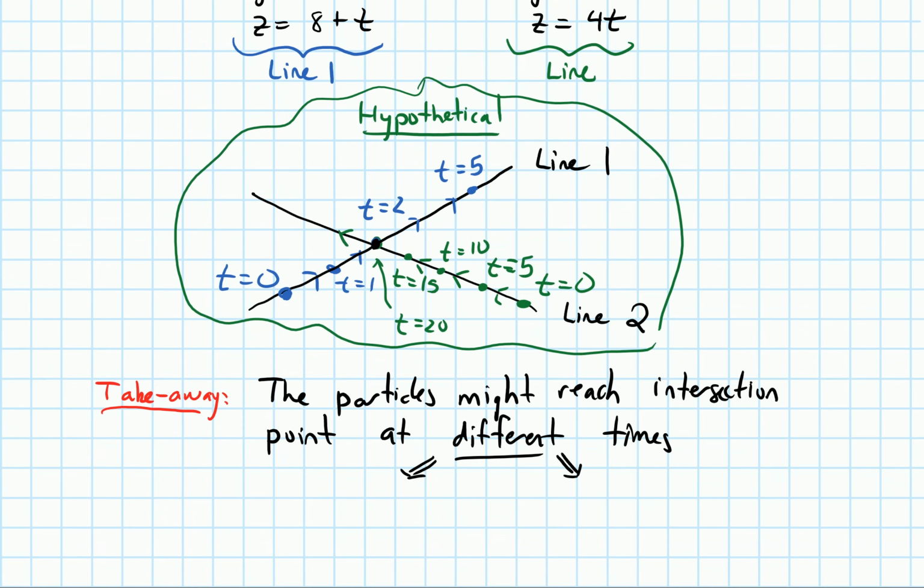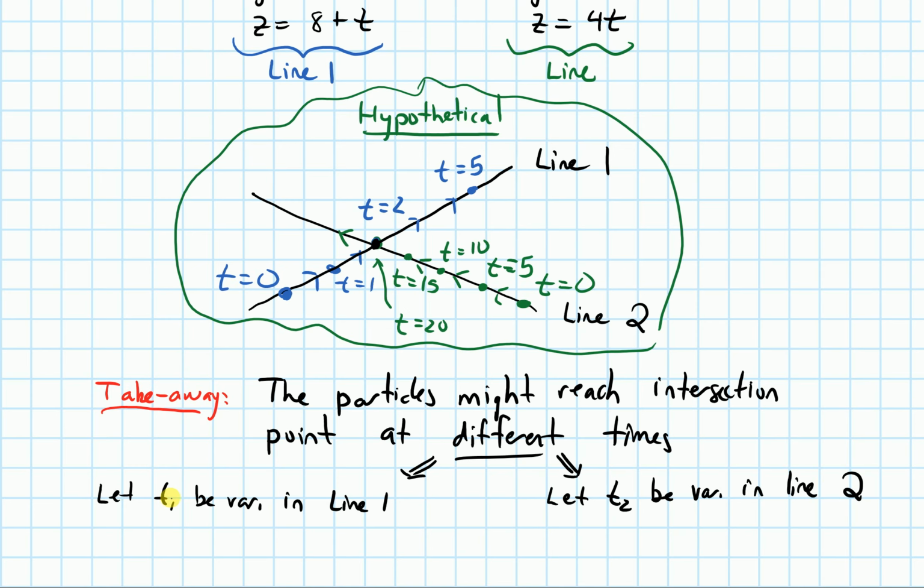Okay, so what I'm going to do is let t1 be the variable in line 1, and I'll let t2 be the variable in line 2. And that's really important to do.